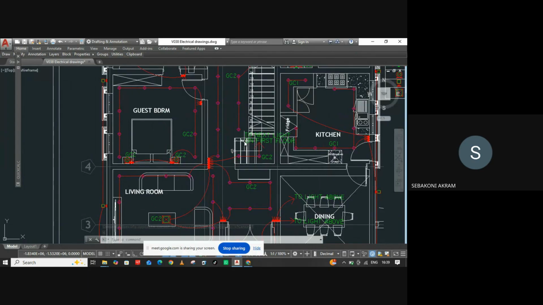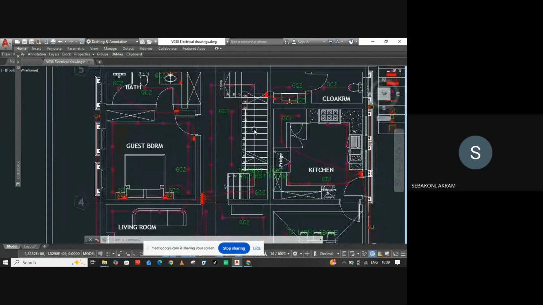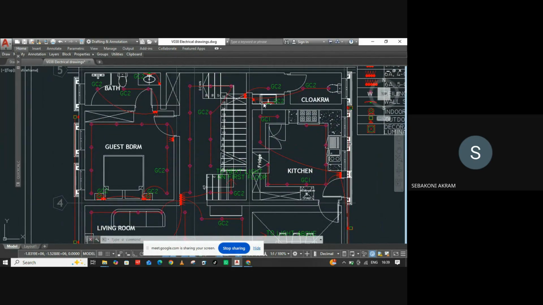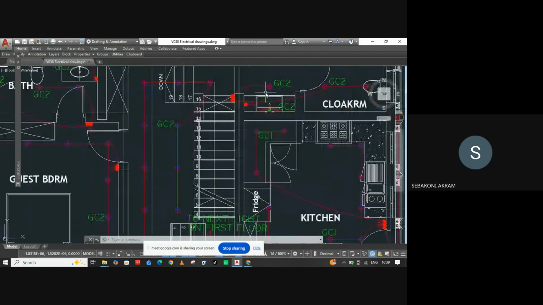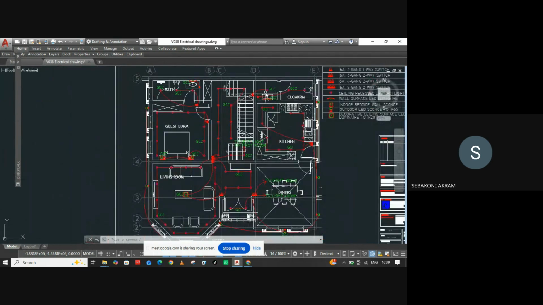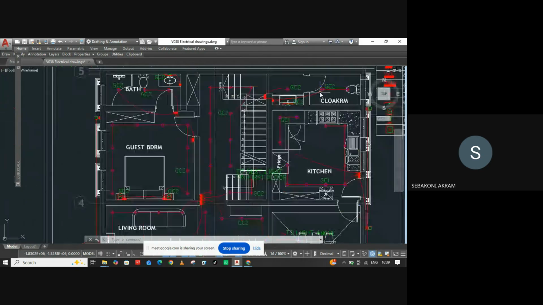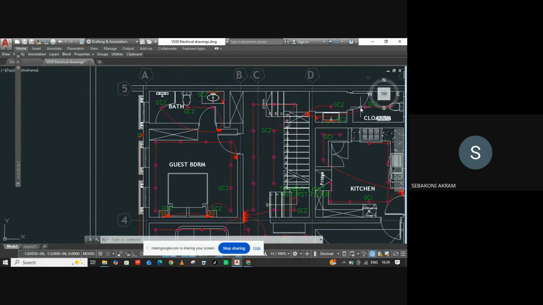But after choosing them to be in the same circuit, are these lights really going to be accommodated by that circuit? That is another question that comes to your head. So you can count these spotlights. Based on the research you've done and the specification of the spotlights you've chosen, you can get their wattages.